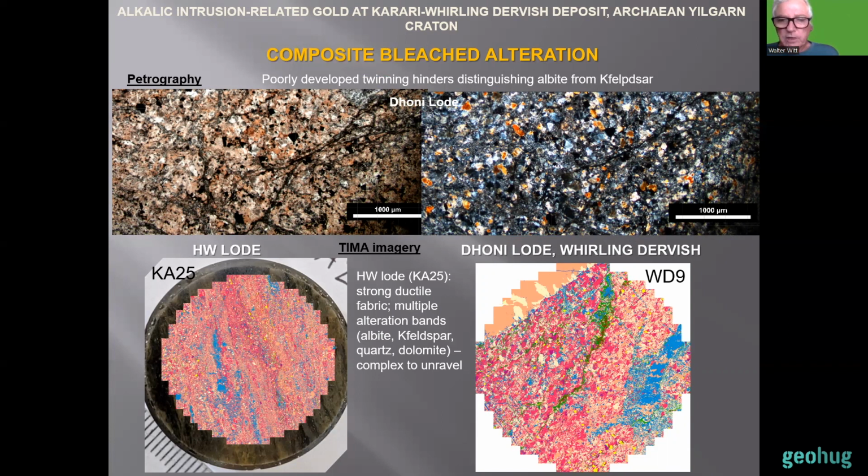The other lodes, however, are more associated with brittle deformation, and here we can begin to get some insights into the formation of these hydrothermally bleached lodes. For example, in the bottom right there, WD9, we can see that some domains are relatively K feldspar rich, pink, while others are more albite rich, in cream.